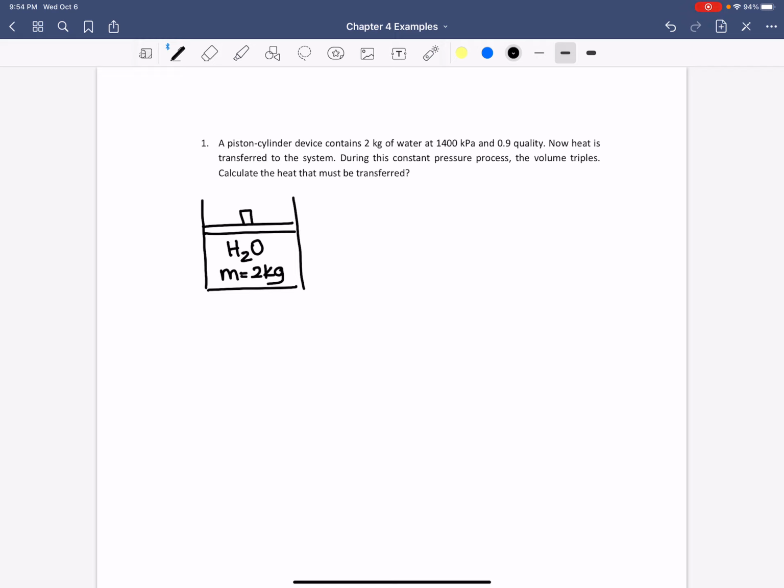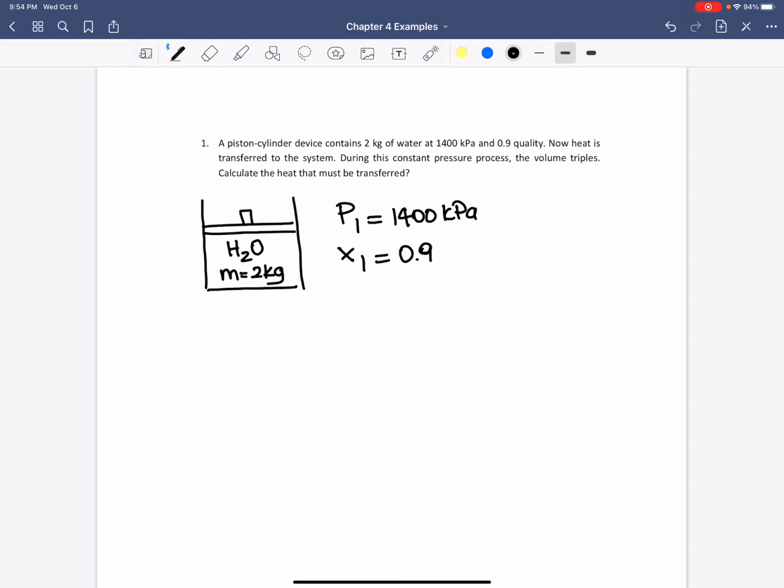Besides that, they tell us that the initial pressure is 1400 kilopascal and the initial quality is 0.9. That also means by giving quality, they are telling us that this is a mixture. All right, and there is another piece of information.